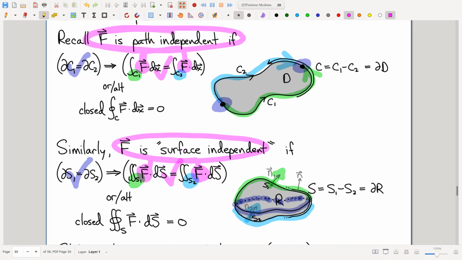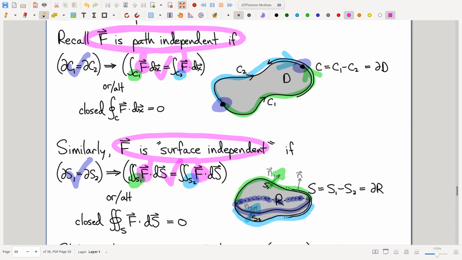Most vector fields are not surface independent. This is not a new fact that will help you compute any flux you might need to compute. This is only for these special cases of surface-independent vector fields. And again, it's a very surprising property. It's a little bit weird that this happens at all, in the same way that path independence was pretty weird.